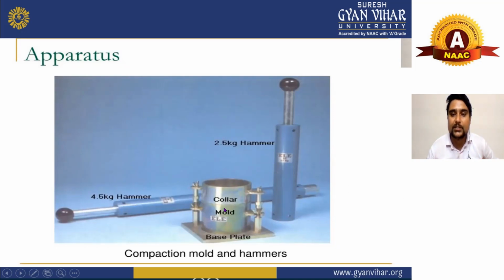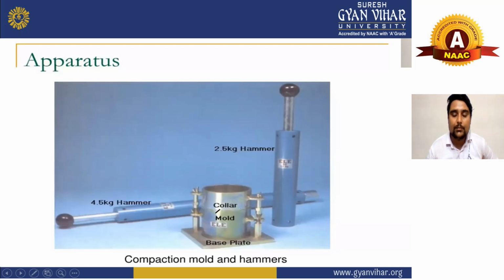The 2.5 kg hammer, and the collar, this is your collar. Let me explain this equipment. The collar can be removed anytime. Before filling the soil you have to remove this collar. We fill the soil in 3 layers, and after that you put the collar on it and do compaction till this level.